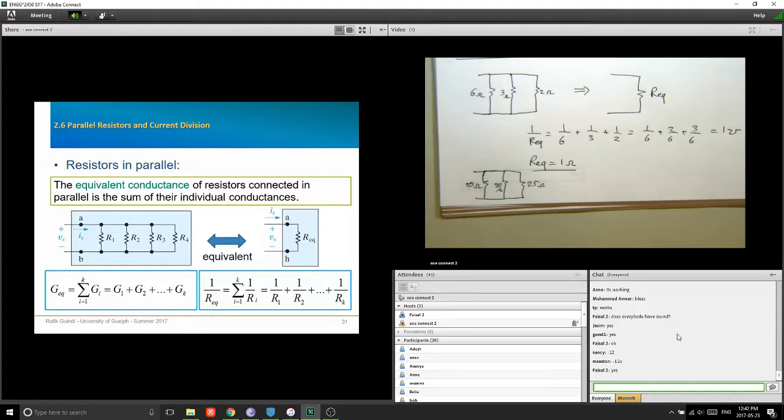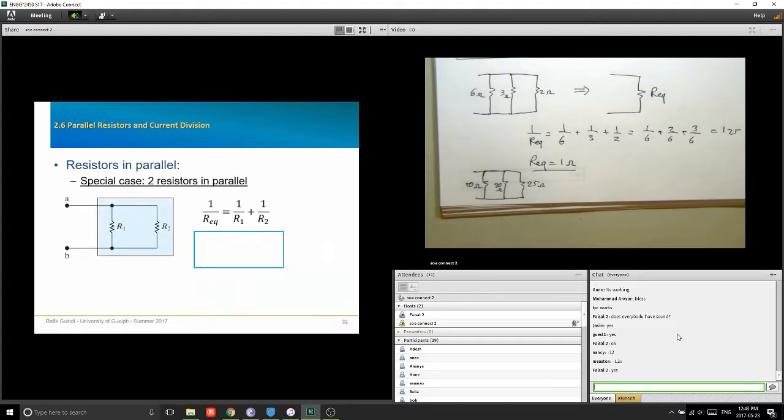But you're going to discover that often you don't have a lot of resistors in parallel. Usually you want to find the equivalent resistance with 2 in parallel. With 2, it becomes a lot easier. That's a special case, because if you have these 2 resistors, R1 and R2 in parallel, and we use the rule 1 over R equivalent equals 1 over R1 plus 1 over R2, then mathematically, taking R1 R2 as a common denominator, I get R1 plus R2 over R1 R2.